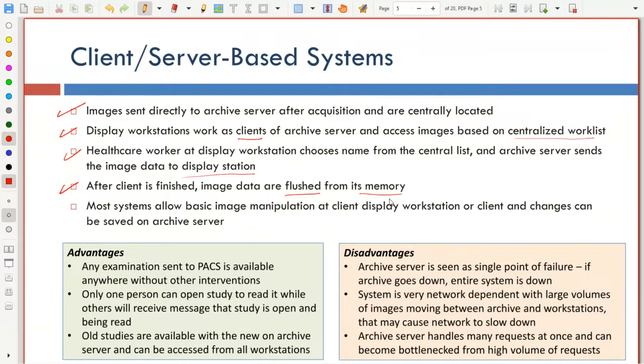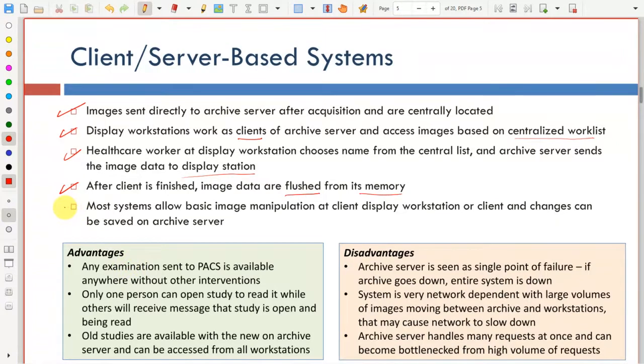Once the doctor wrote the report and closed that client, the data set associated with that particular patient would just be deleted from there. Okay, flushed from memory is just deleted. You don't care about it because you have another copy in the archive server.